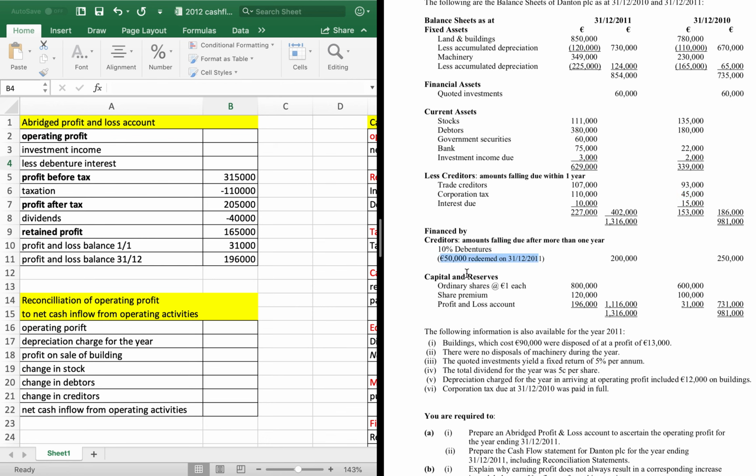So that means it's paid back. So on the very last day of the year they paid back 50,000 euros. That means they had the 50,000 euros right up until the very last day, which means they have to pay interest on it. So it is not 10% of 200,000, it's 10% of 200,000 and 10% of 50,000 added together, or 10% of 250,000. So that would be minus 25,000 up here.